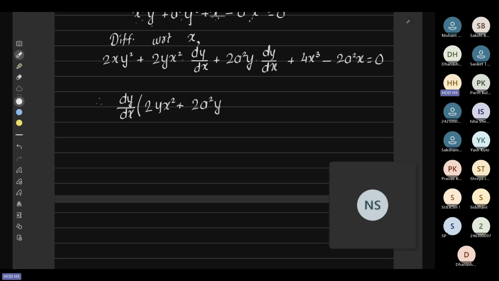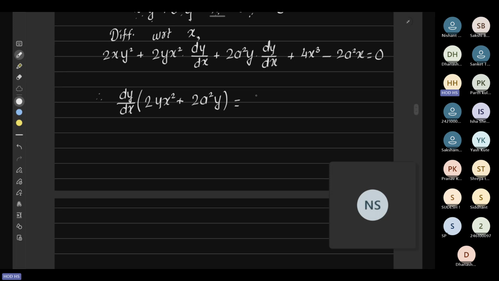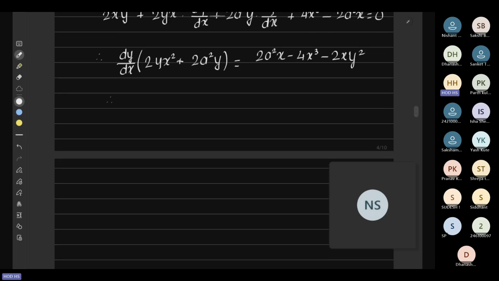So 2a²y is equal to, and I will shift other terms to my right hand side. So 2a²x minus 4x³, and then this term, so minus 2xy². So therefore, the value for dy/dx is (2a²x minus 4x³ minus 2xy²) divided by (2yx² plus 2a²y).